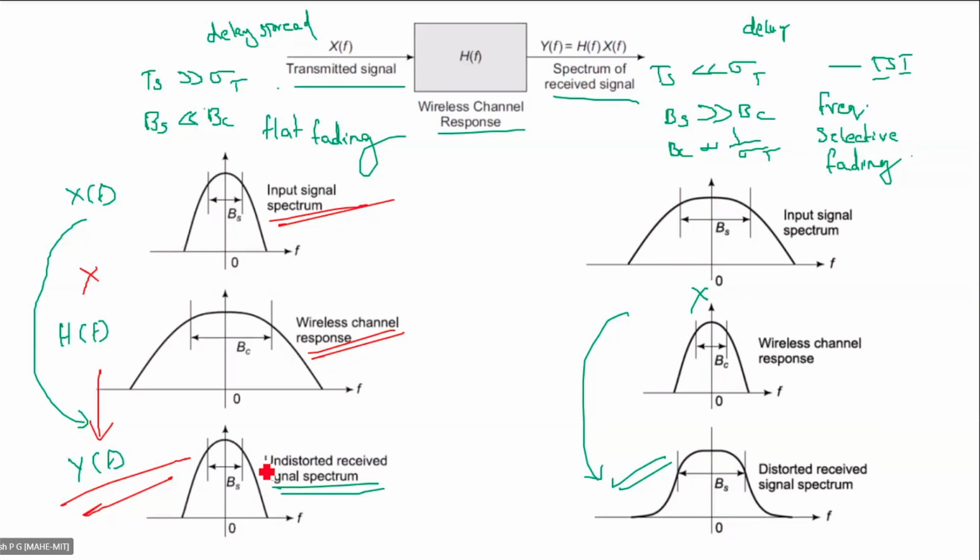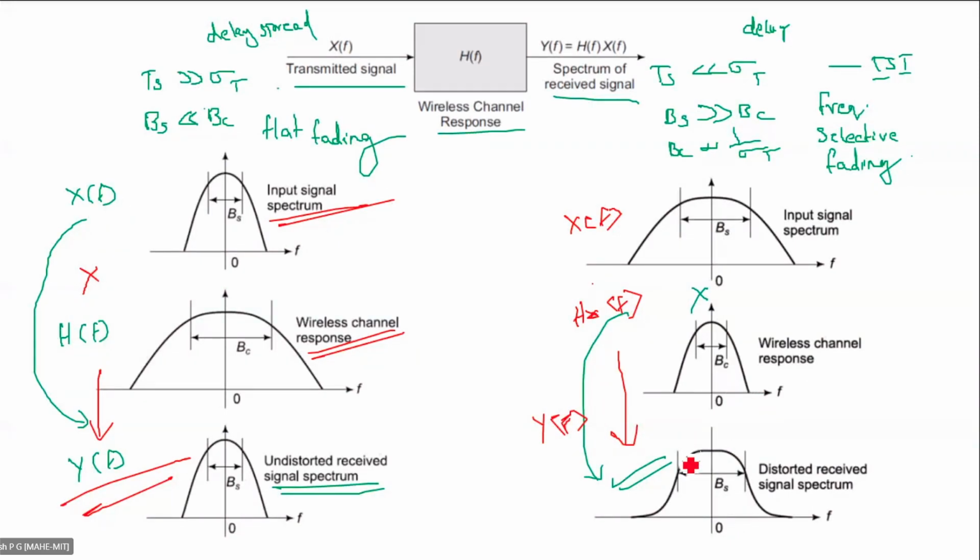But on the other hand, if the bandwidth of the signal is much higher compared to the coherence bandwidth, then there is significant distortion. Look at the diagram to the right. You have x of f here and h of f here, and if you multiply, you will get y of f.